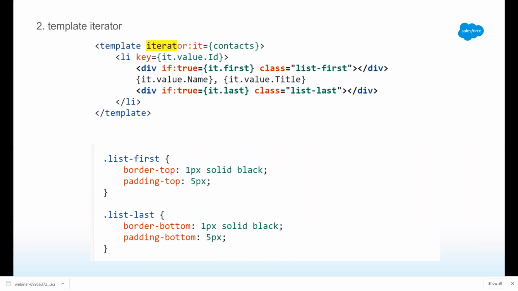So here the syntax is a little bit different. We don't have to specify the name for the iterator variable. It is automatically generated by the framework, and we call it it. And to access the values, we use the syntax it.value. and whatever the field name is.